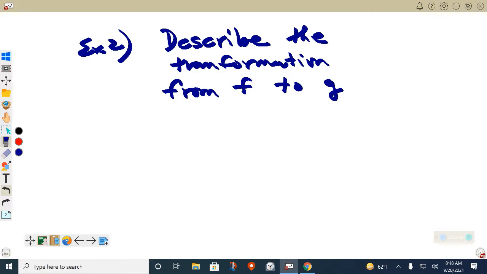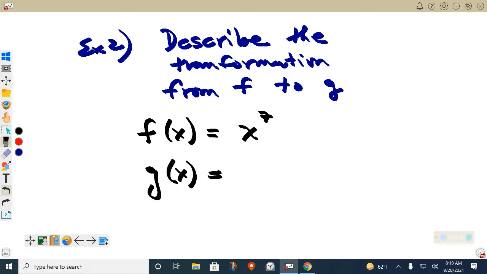Describe the transformation from f to g. f of x equals x to the 7th power. g of x equals (x minus 3) to the 7th, minus 6.